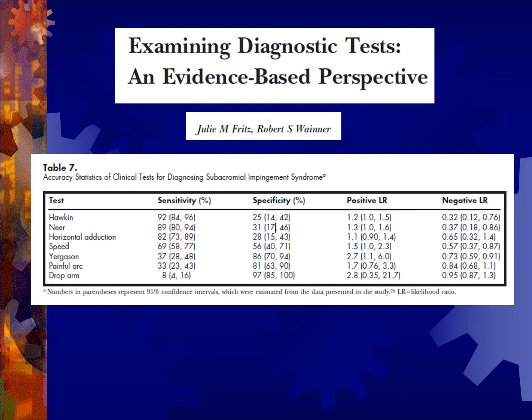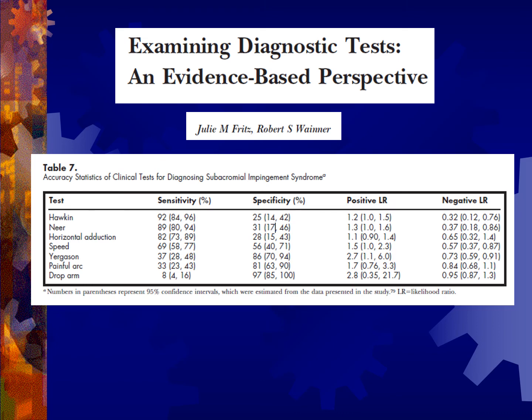So now that we've discussed sensitivity, specificity, and likelihood ratios, let's go back to this data table here and see if we can try and make some sense of some of the findings. If we look at the tests that are most sensitive, the Hawkins, the Neer, horizontal adduction, those are the tests that have that above 80% cut point.